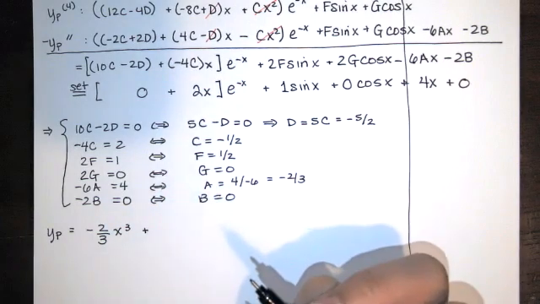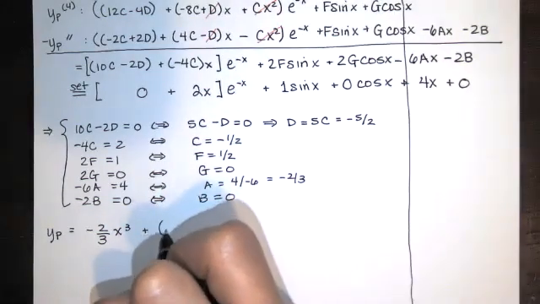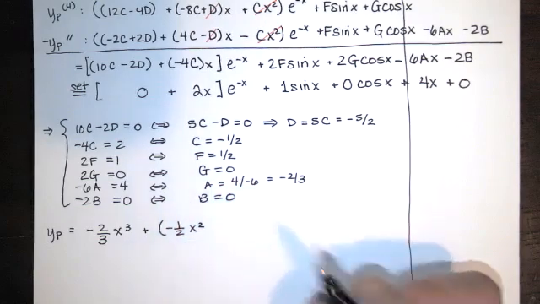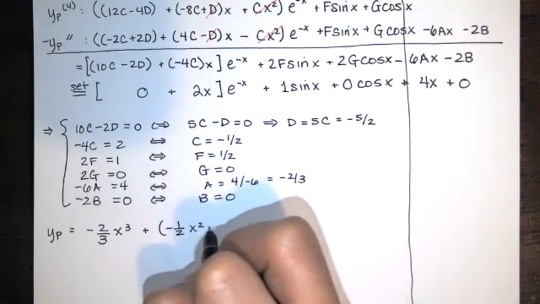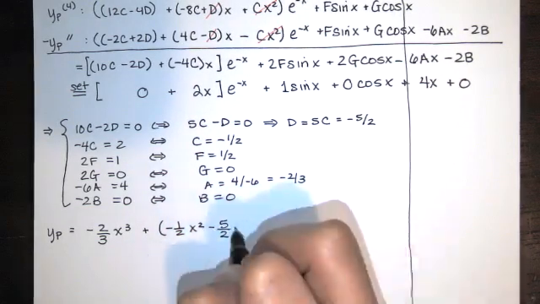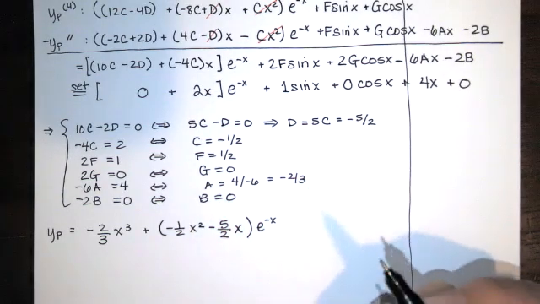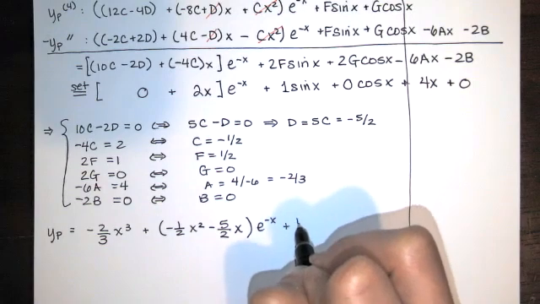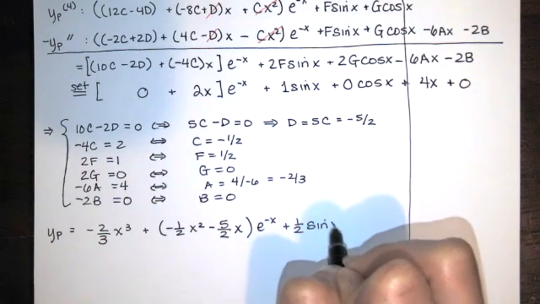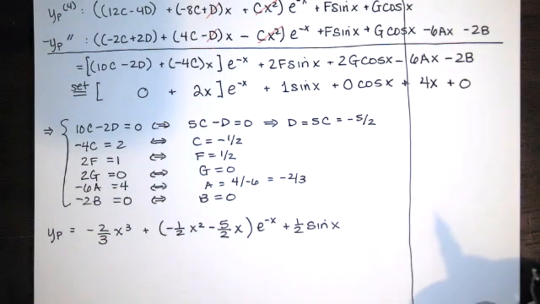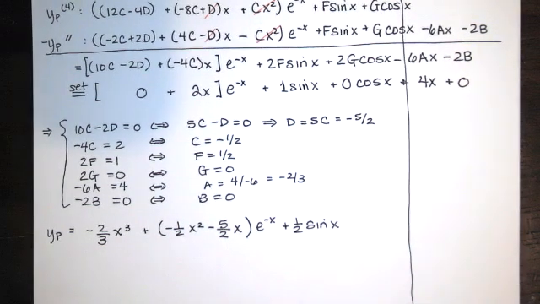Plus cx squared, so that's -1/2 x squared, plus dx, that's -5/2 x, times the exponential, plus f times sine of x, so that's 1/2 times sine of x, plus g times cosine of x, which was 0. So that is our y sub p.